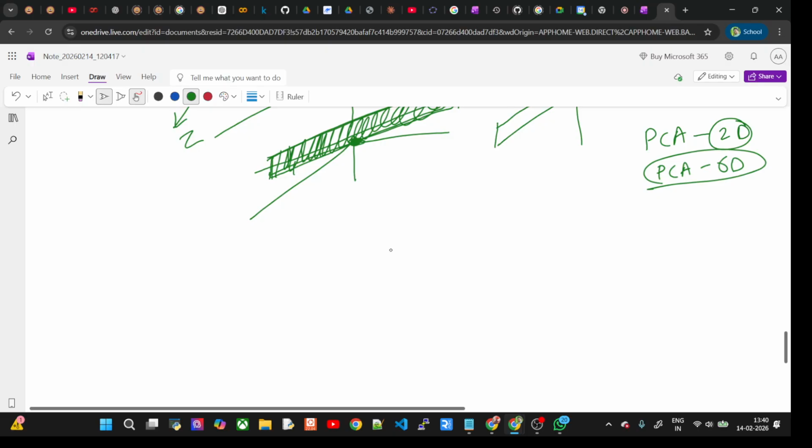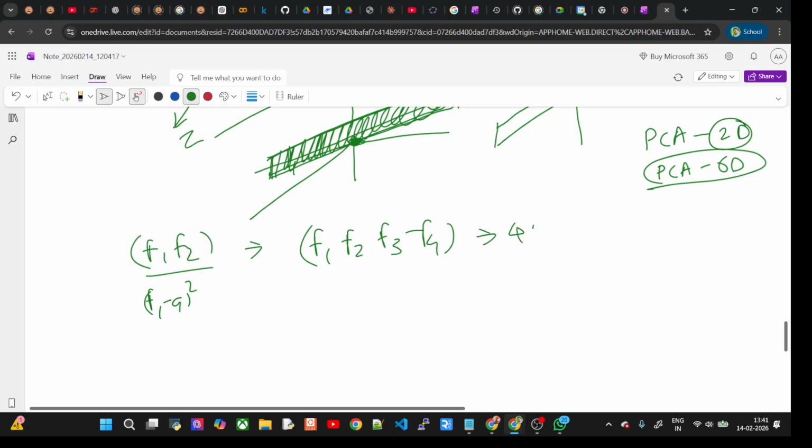There are different cases. For example, f1 and f2, only two variables, like a circle: f1 minus a, whole square, and so on. If there are f1, f2, f3, or maybe four dimensions, here you took two dimensions.